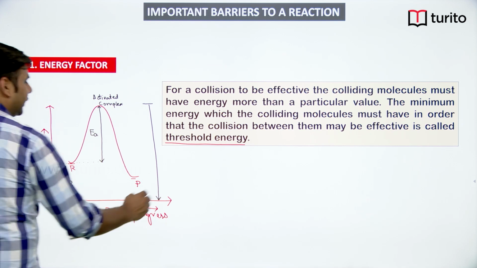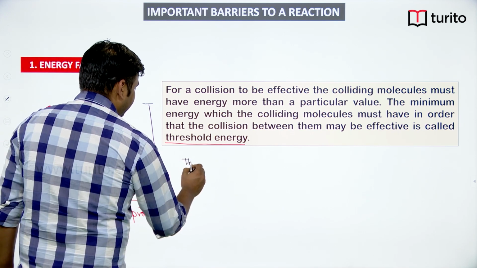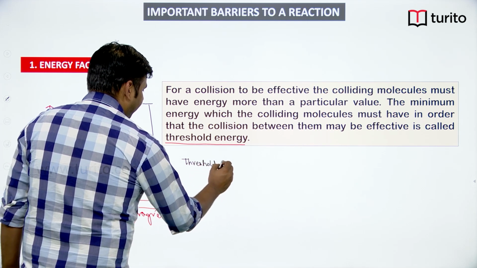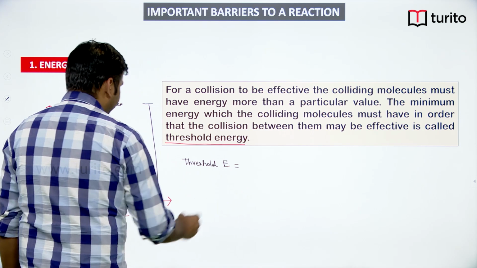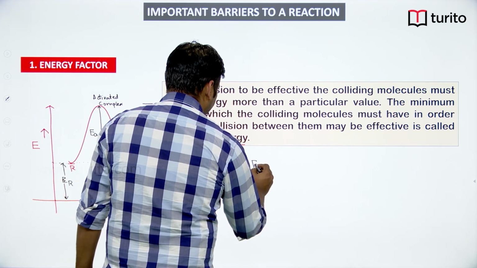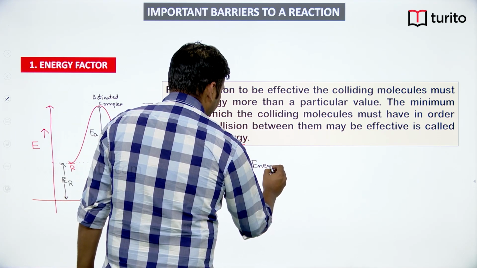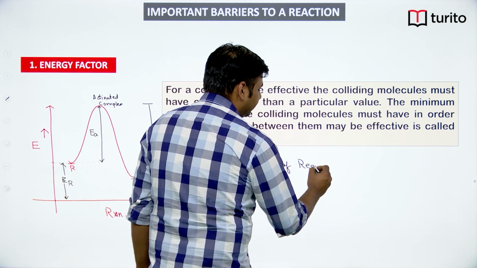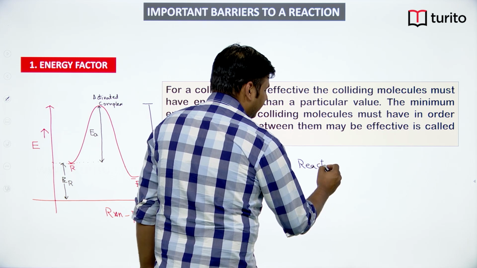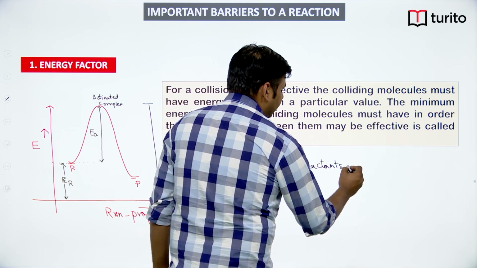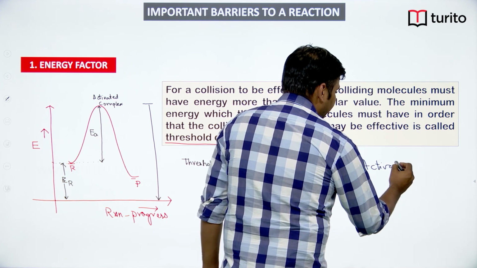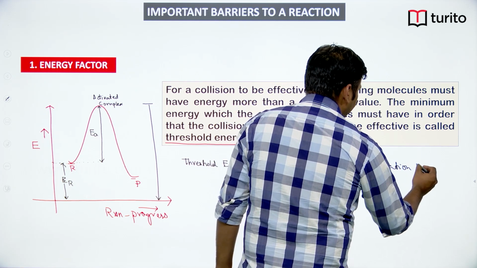Threshold energy will be the average energy of the reactants, so the energy of reactants plus the activation energy. I hope this is clear to you.